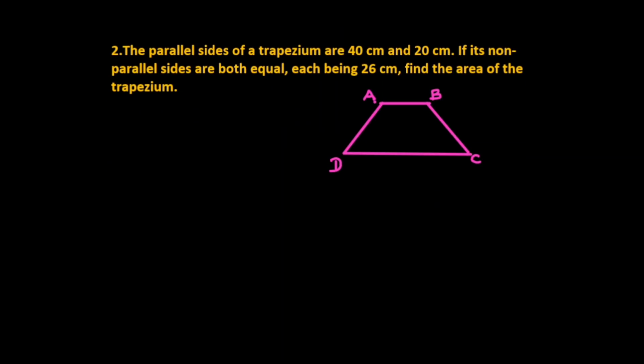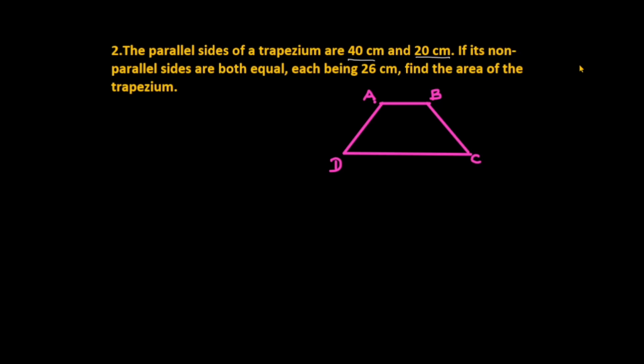Next, second question. The parallel sides of a trapezium are 40 centimeter and 20 centimeter. You know very well a trapezium is nothing but a quadrilateral in which one pair of opposite sides are parallel. Then the quadrilateral is called a trapezium. Now consider this quadrilateral ABCD.